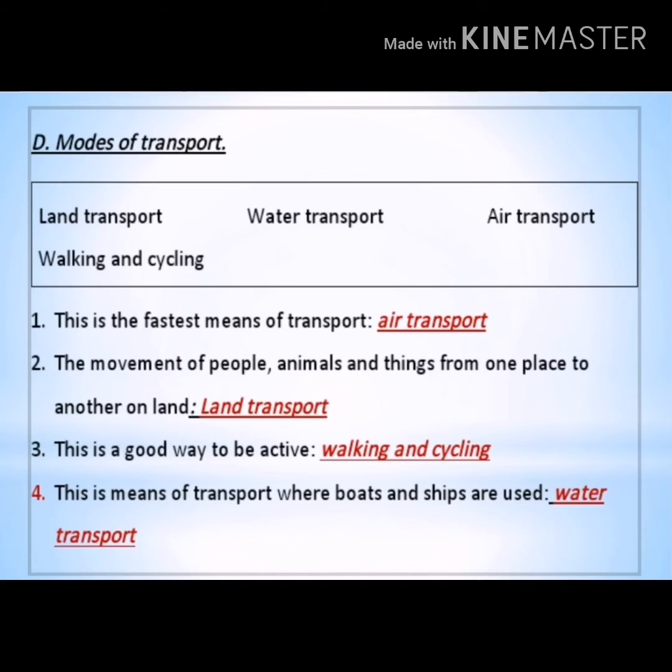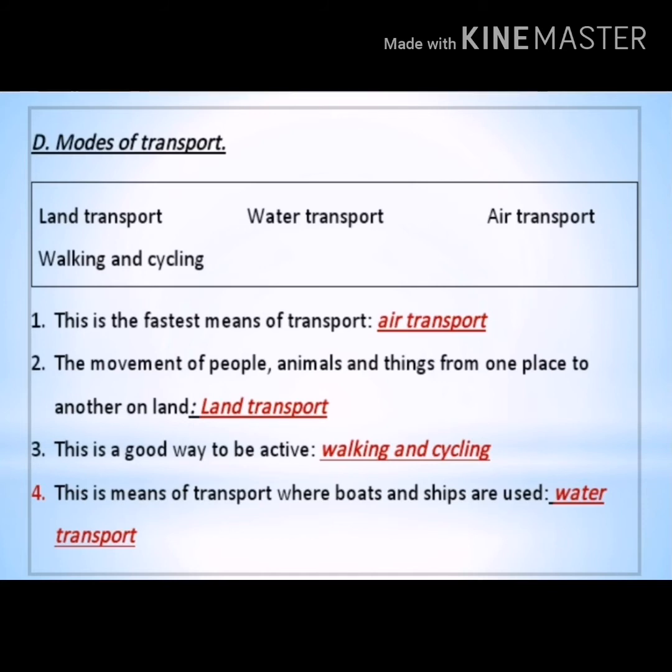It's walking and cycling. Number 4, this means of transport where boats and ships are used. What do we call that one? We call it water transport.